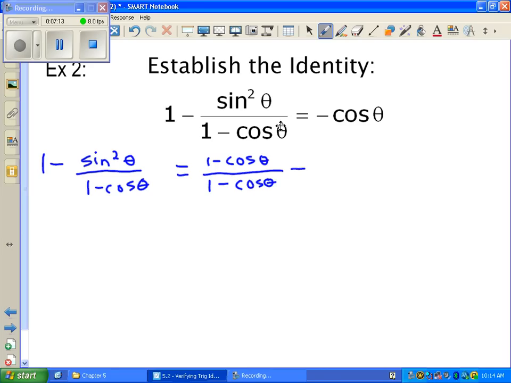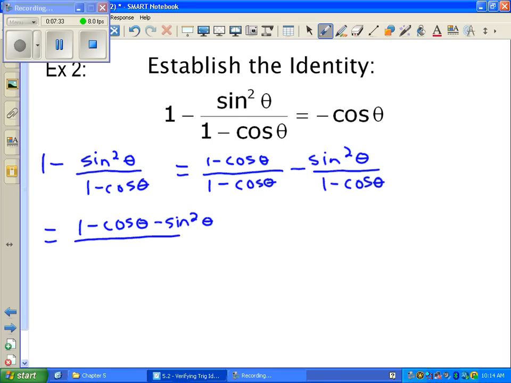And then from that, I will subtract sine squared theta over 1 minus cosine theta. Now I can rewrite that as one fraction. I have 1 minus cosine theta minus sine squared theta all over 1 minus cosine theta.